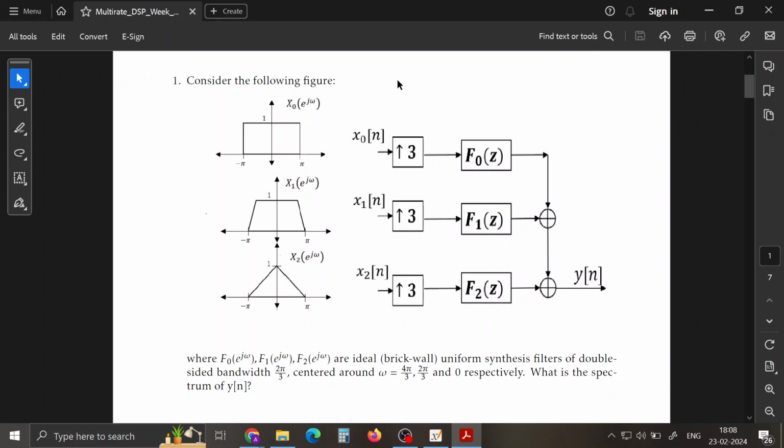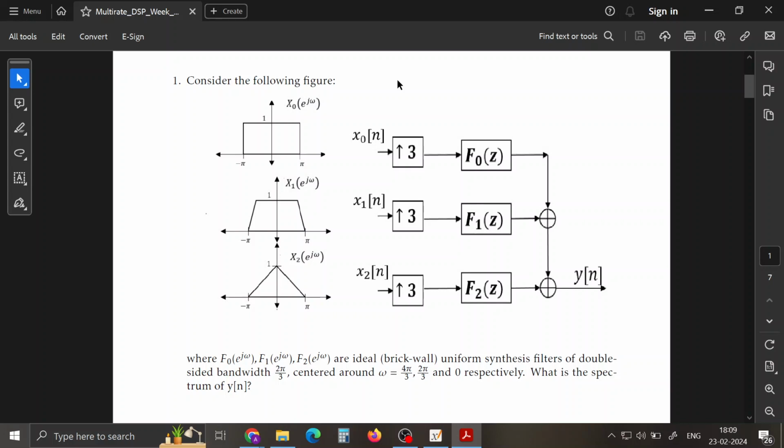All these numerical problems are based on the concepts that are covered in the lectures. If you are clear with the concepts, then you should be able to solve these problems. But anyway, the purpose of these live sessions is to guide you on how to approach these kinds of problems, so that you can solve the assignment questions and also hopefully do well in the exam.